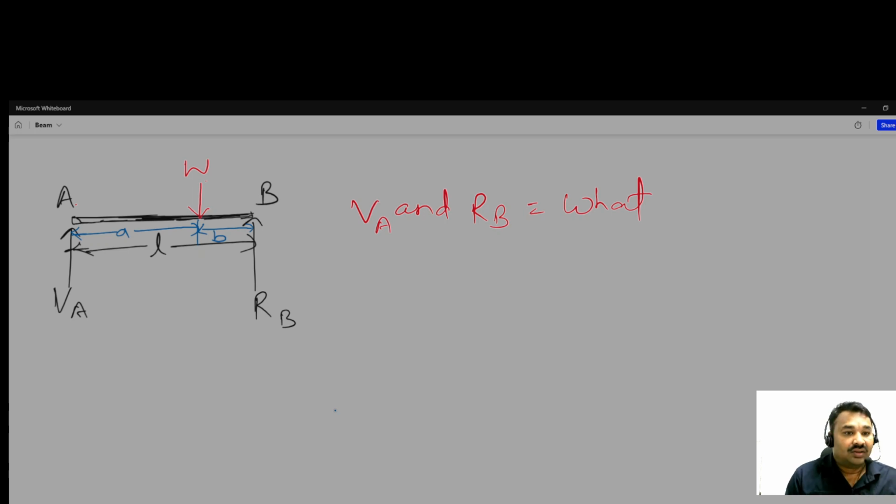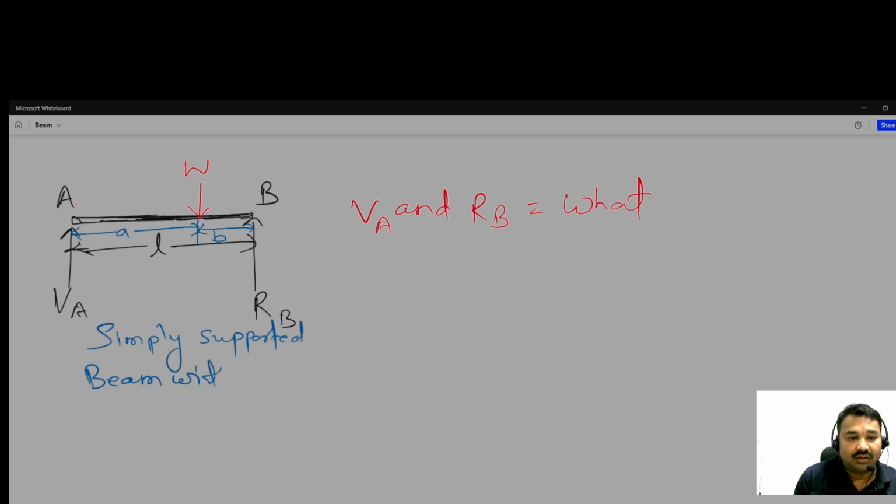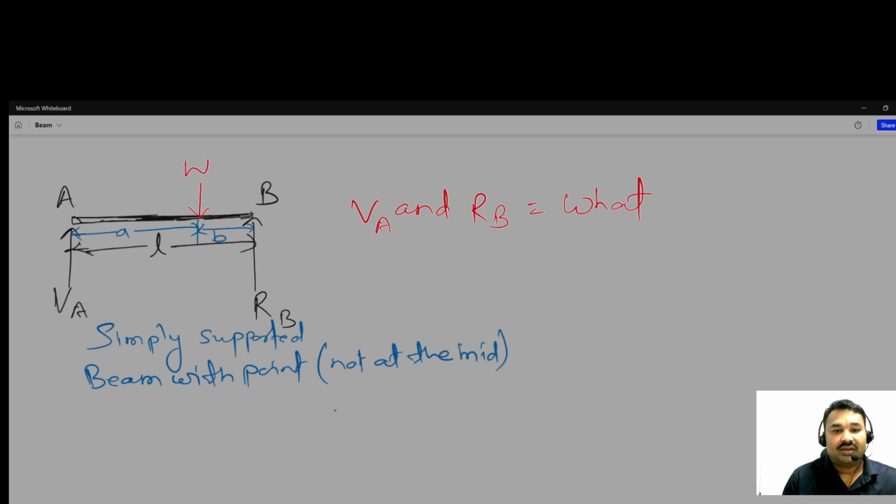Okay, so what do we have to do now? Simply nothing. We have to satisfy the equilibrium conditions. This is the simply supported beam with a point load, not at the mid. So now we satisfy the equilibrium condition.